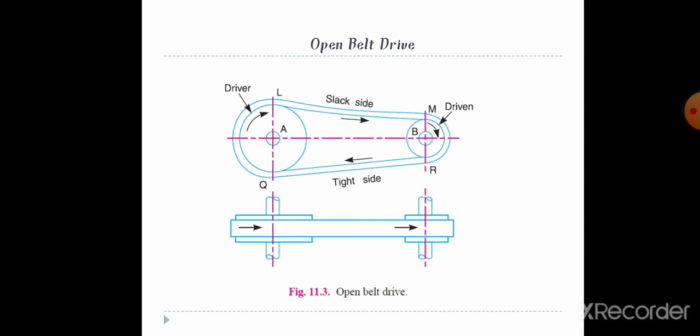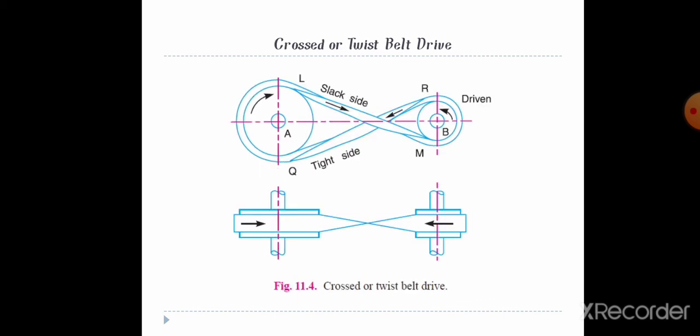Next one, crossed or twist belt drive. Crossed or twist belt drive is generally used when both shafts are arranged parallel but rotating in opposite directions, one rotating in clockwise and another rotating in anti-clockwise.